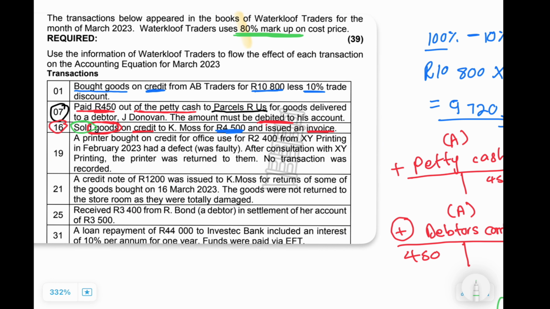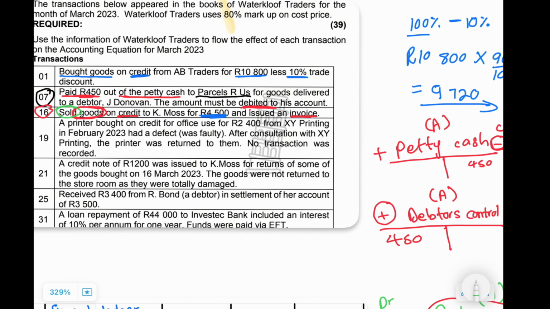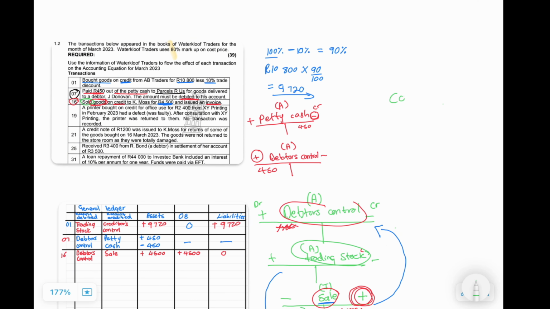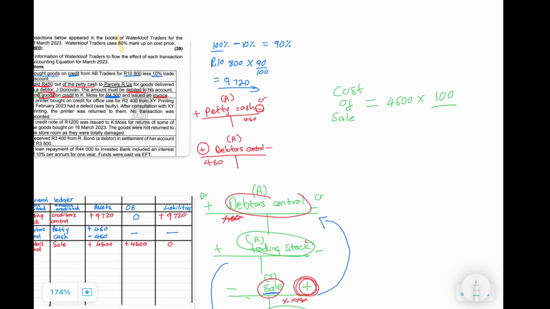So the formula that I taught in one of the videos, which is appearing now on your top right and will be linked down below, this is how we calculate our cost price or cost of sale. So we are going to say cost of sale, since it is the amount we are trying to find, equals 4,500 multiplied by 100 divided by 180.